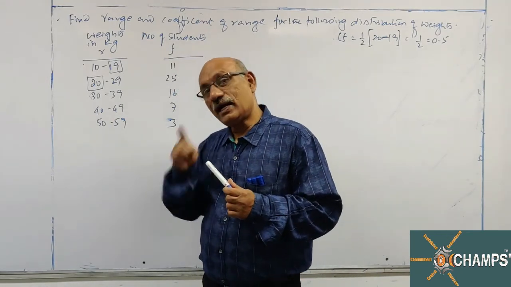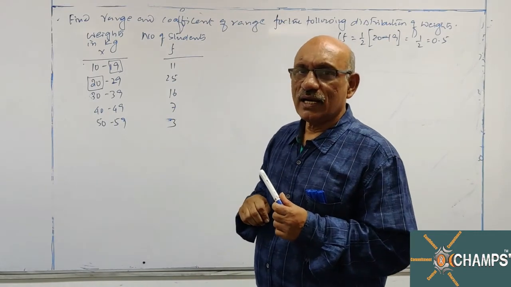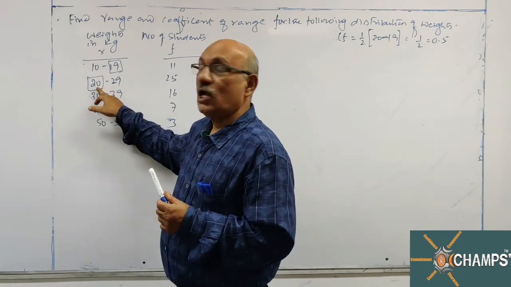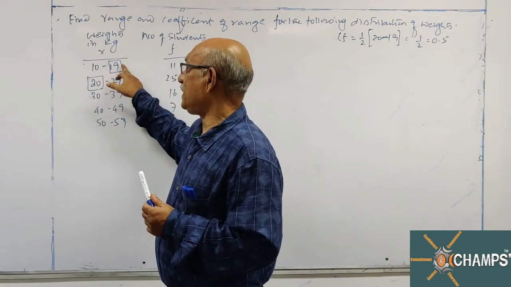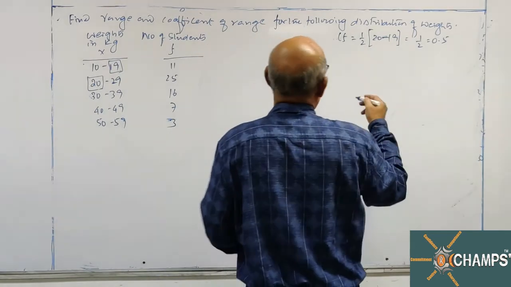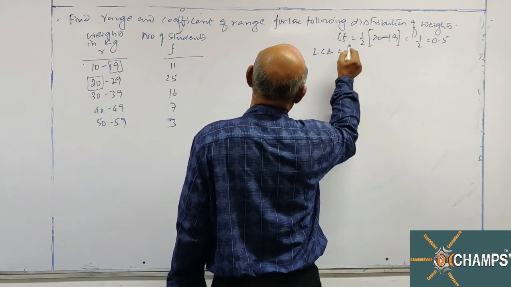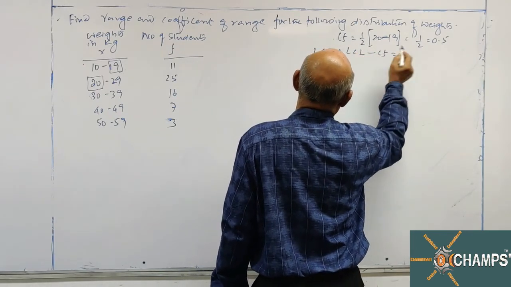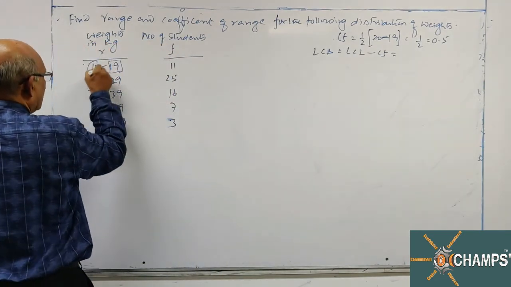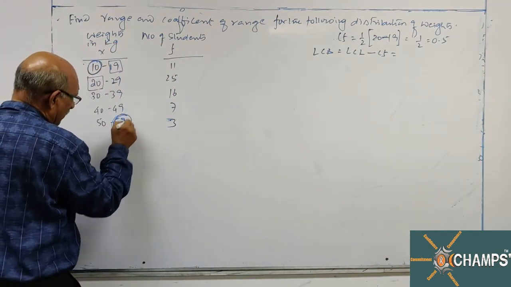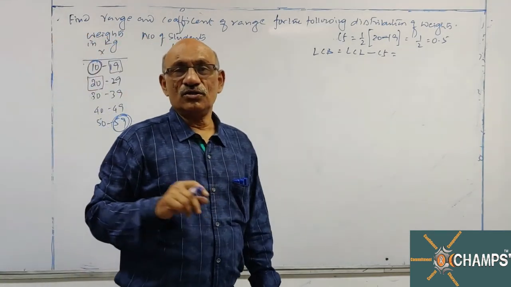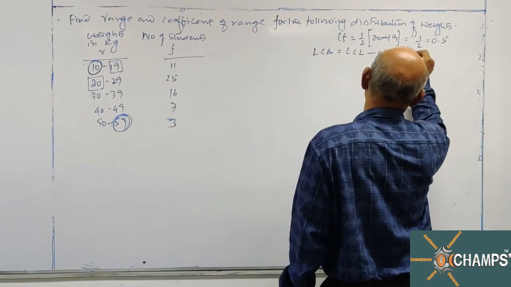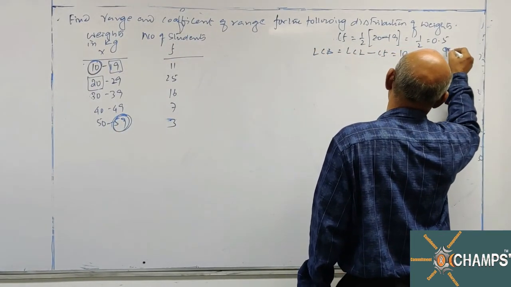For that, what is required? Correction factor is required. How to calculate the correction factor? This is 1 by 2 into lower limit of the succeeding class minus upper limit of the preceding class. Now lower class boundary is equal to lower class limit minus correction factor. I am interested only in these two values, because calculation of range is dependent on these two only. So this is 10 minus 0.5, this is 9.5.